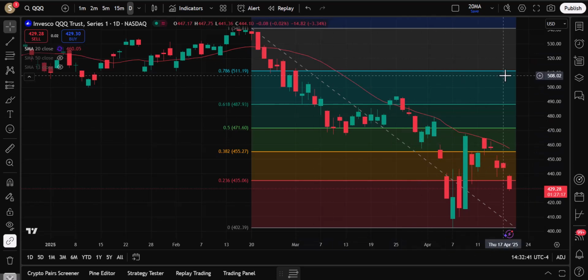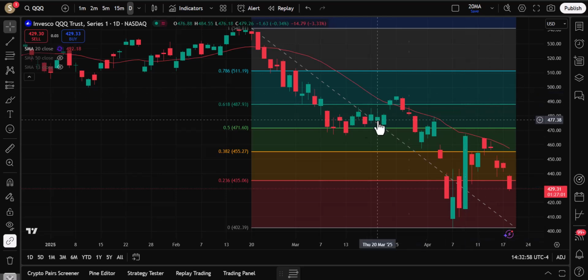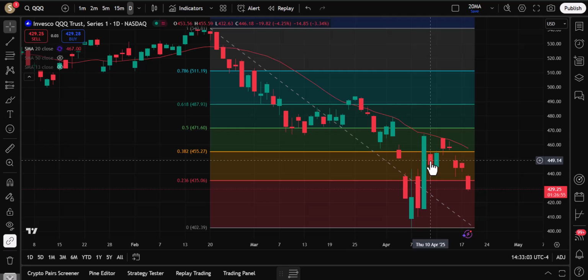So what I want to draw your attention to is after this low was reached, and I drew in these Fibonacci lines this day, I believe, after the low was reached. So it's been a while that I've had these lines on my chart. But if you look at the 10th of April, right? So we've got our Fibonacci daily lines drawn in, and we're looking for a retrace.